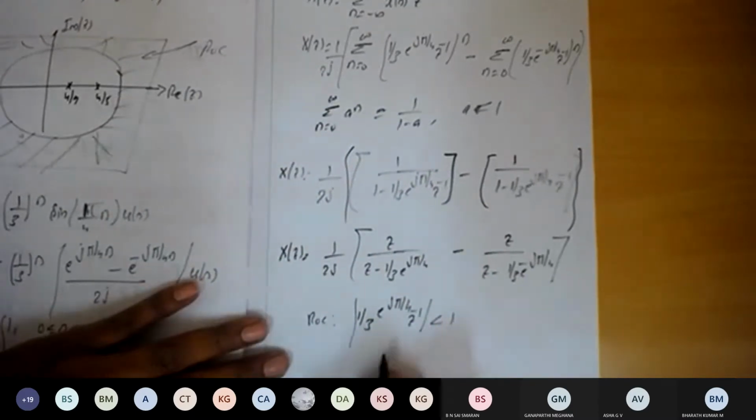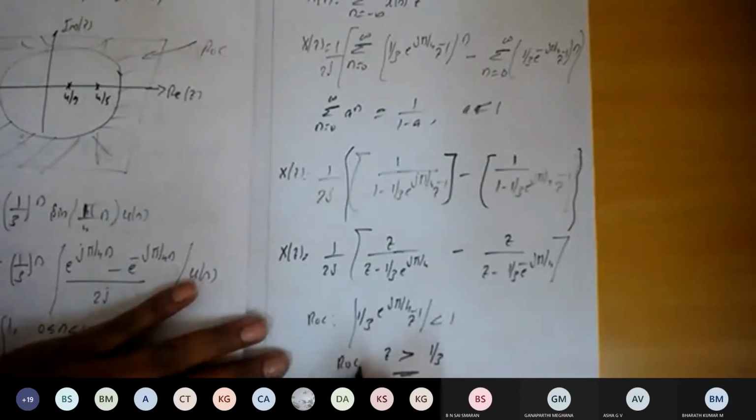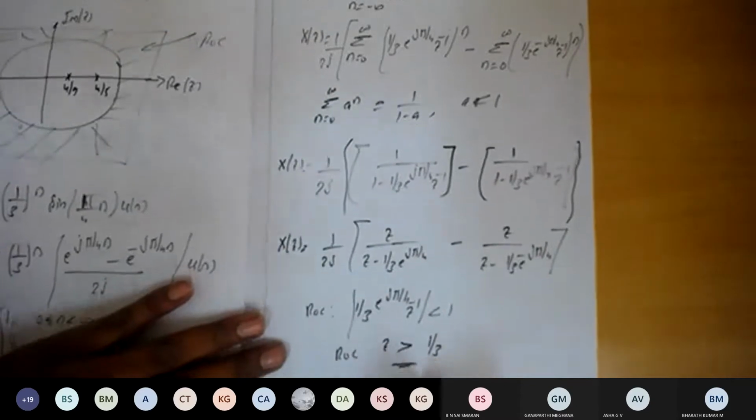Because the magnitude of e to the power of j pi by 4 is 1, it becomes magnitude of z greater than 1 by 3, which is the ROC.